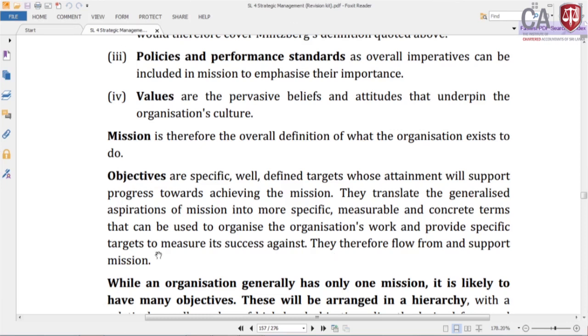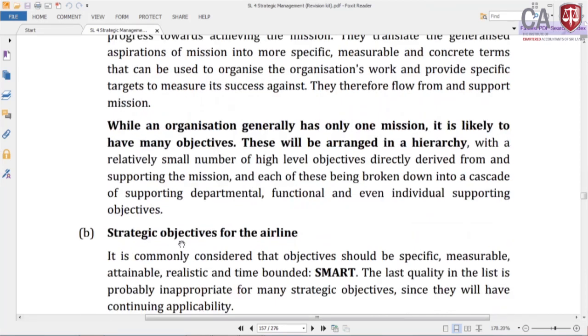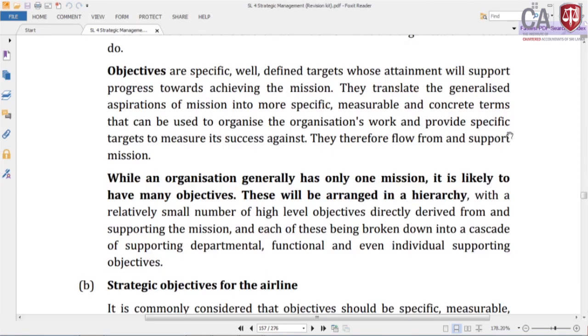Then look at the highlighted point. While an organization generally has only one mission, it is likely to have many objectives. Yes, normally they have many objectives. These will be arranged in a hierarchy with a relatively small number of high level objectives directly derived from and supporting the mission.